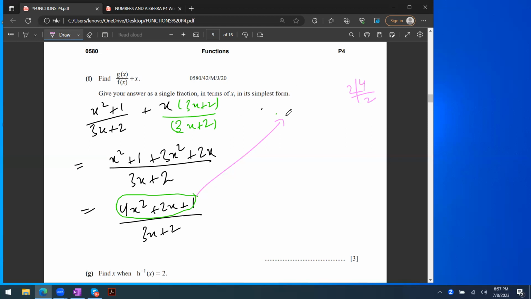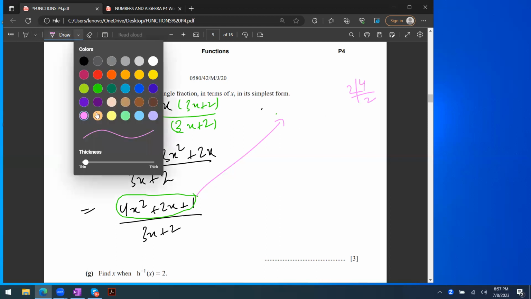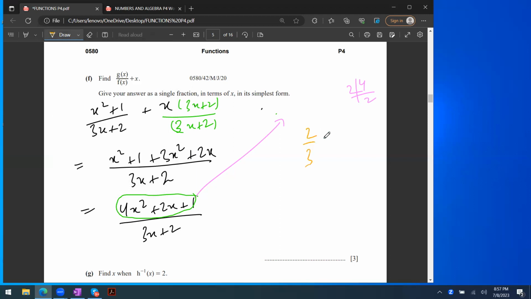That's because when you want to add two fractions, you need to make the denominator the same. For example, let's go back to the basics. You want to add 2 over 3 with 3 over 5. You cannot add it unless you make the denominator the same. What about the numerator?